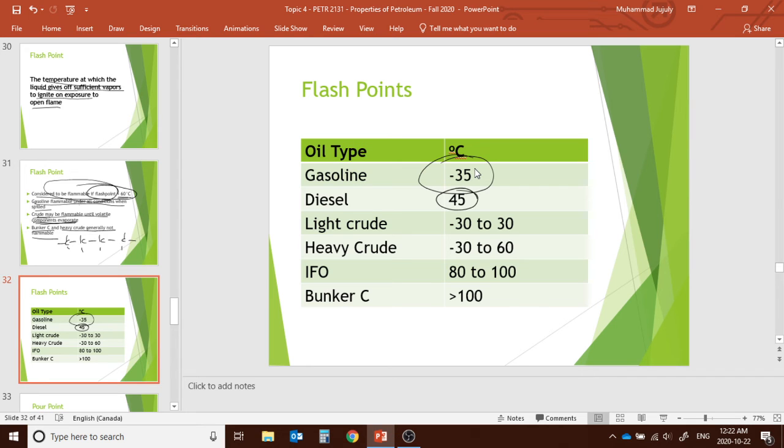So that means gasoline is way, way more dangerous. For light crude or heavy crude oil, the range is really wide, like minus 30 to 30, or for heavy crude oil minus 30 to 60. So we have to be concerned about the flash point of the oil that spilled.